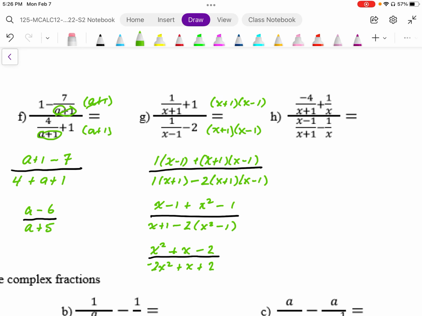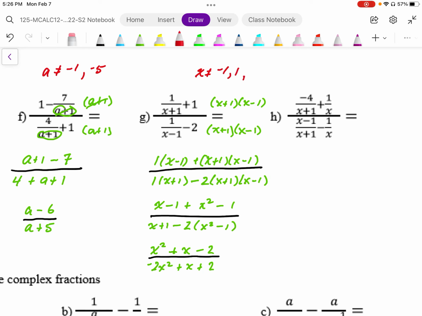In both cases, I really should state restrictions. So restrictions here are going to be a not equal to negative 1. And I also have a not equal to negative 5 as my restrictions. In this one, in the next one over here, I have x not equal to negative 1, positive 1.